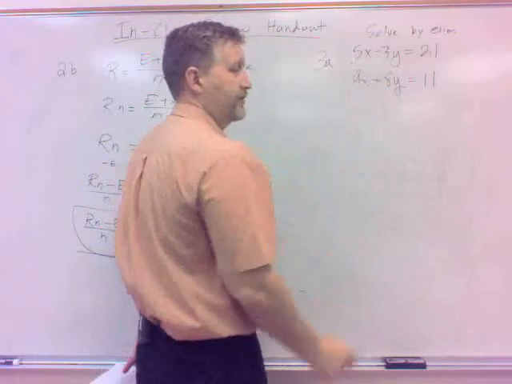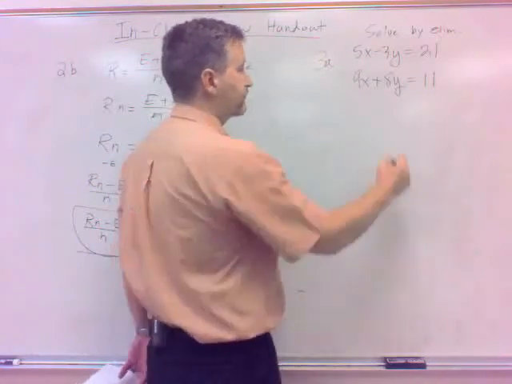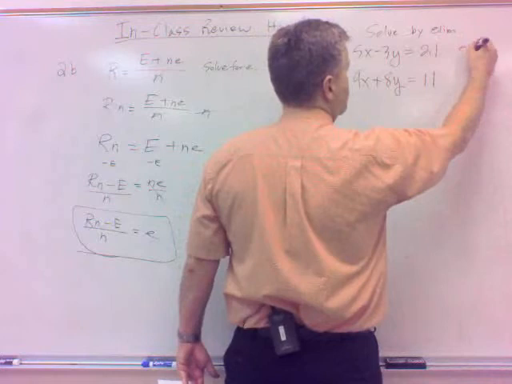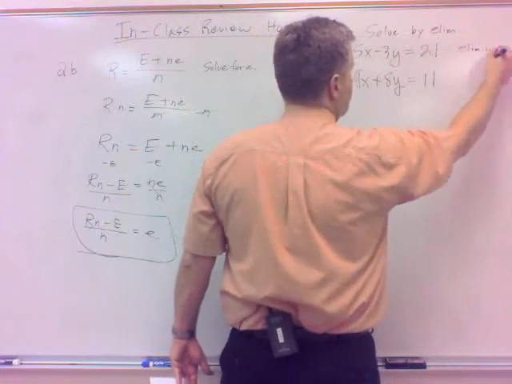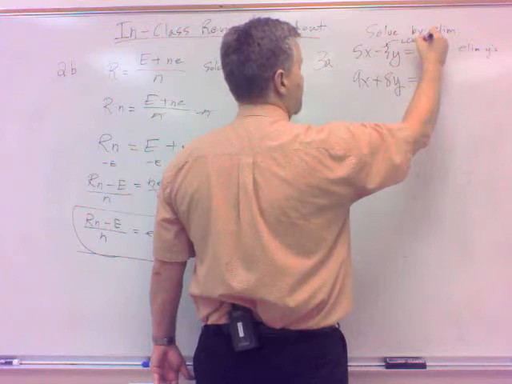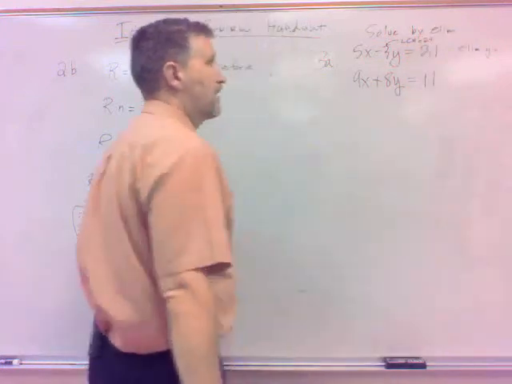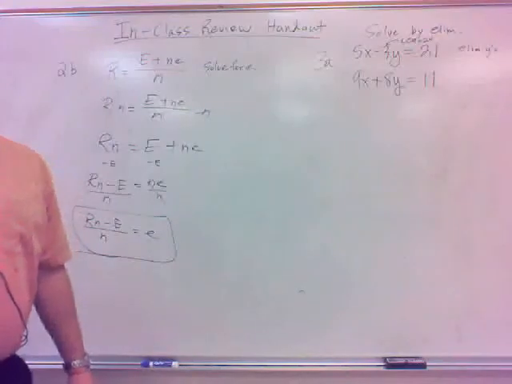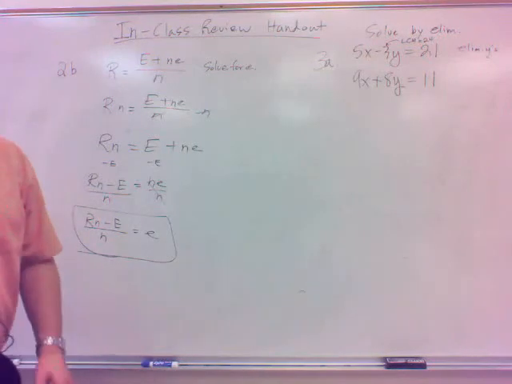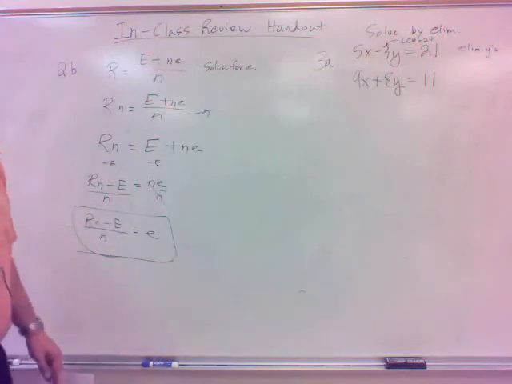Least common multiple of 3 and 8 is 24. So I'm going to choose to eliminate the y's for that very reason. The LCM for the y's is 24. And the y's already have opposite signs, so I don't have to worry about that. If I did the x's, I'd have to make one of them negative.